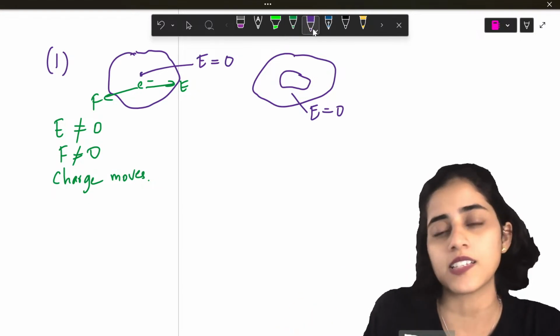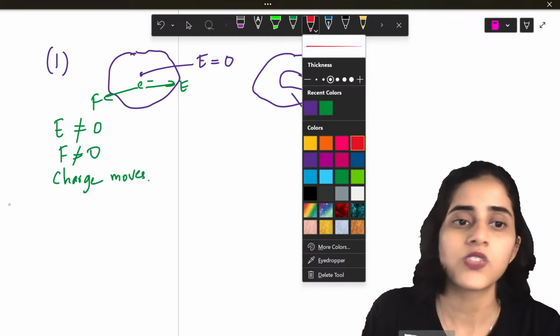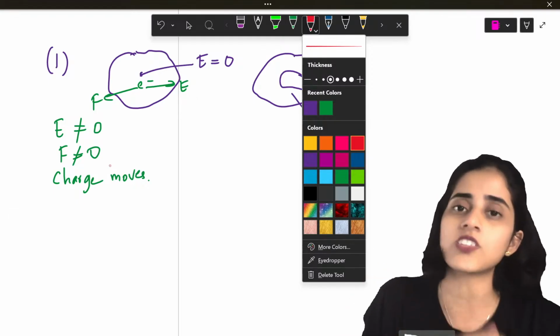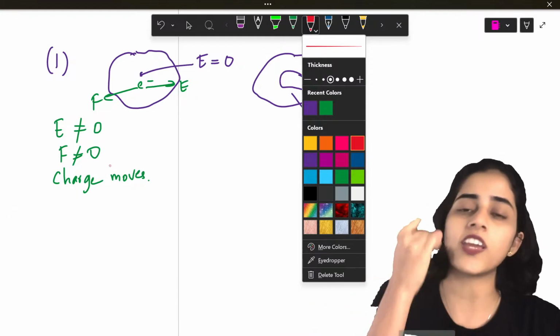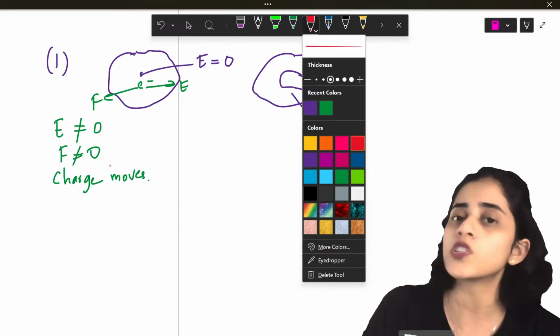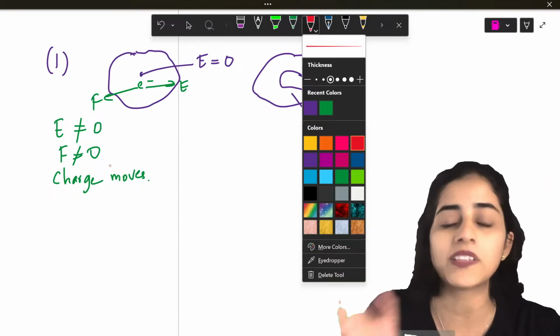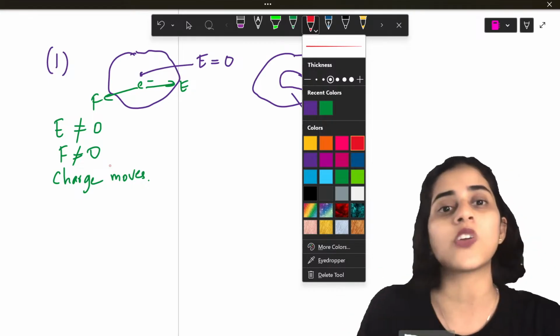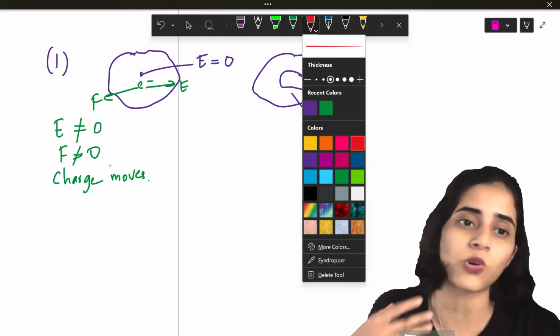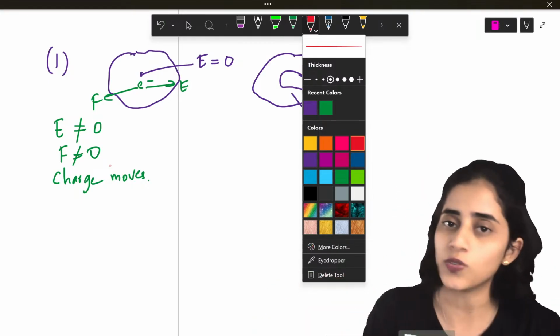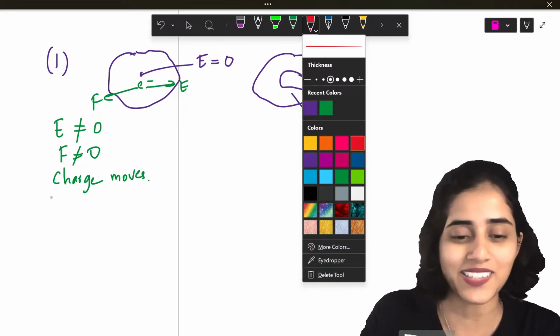What is electrostatics? Charges are at rest. So this is contradictory. Charges cannot move. If the electric field is not zero, the force is not zero and charges will move. But this does not happen. So charges cannot move. Hence, what can we conclude? Electric field is zero. Do you understand that, students?